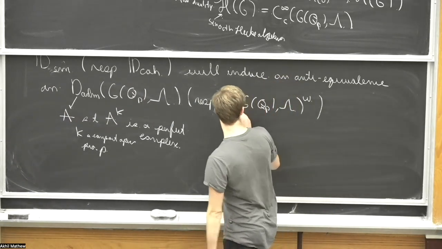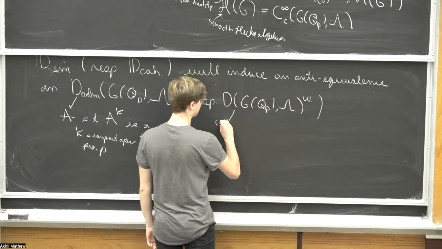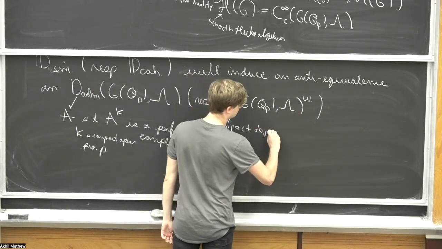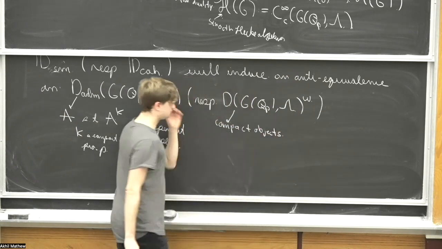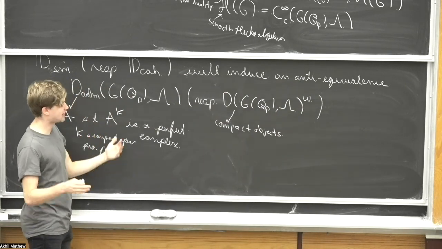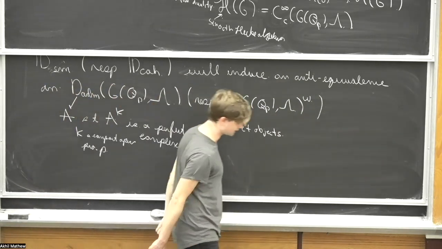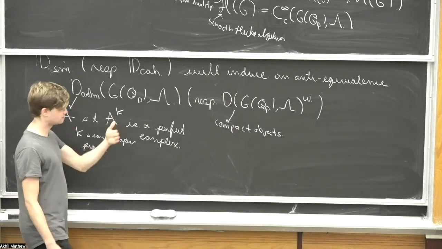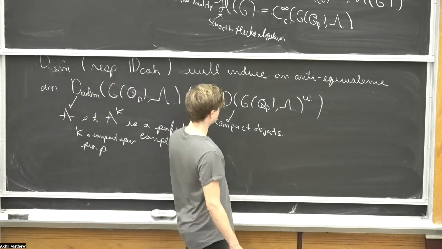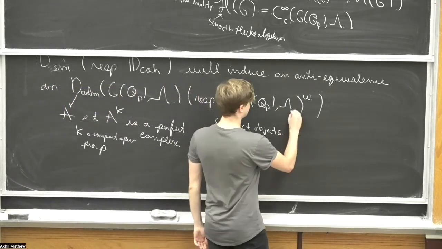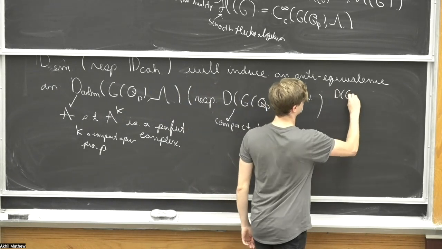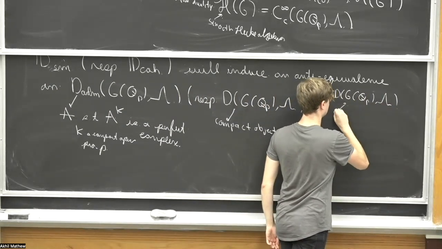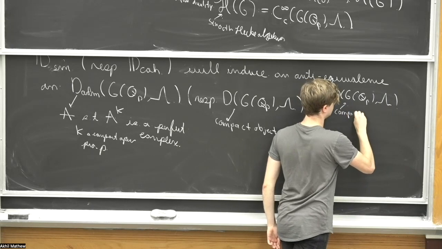And so this thing over here is going to be the set of compact objects. So this is just meant in the abstract categorical sense as an object such that when you take Hom from it, it's going to commute with colimits. So it turns out that this category, D_{G(Q_p)}(Lambda), is actually compactly generated.